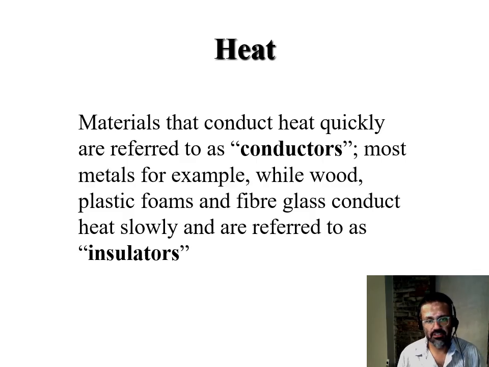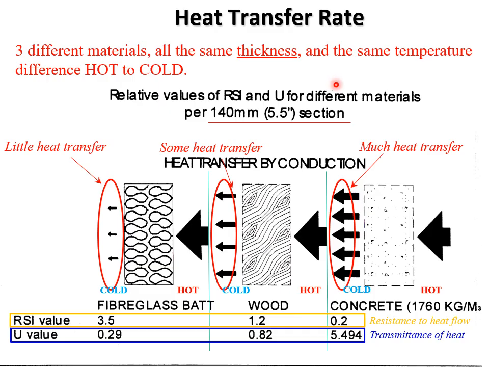So let's see how this works. In this example, we have three materials of the same thickness, with the same temperature on the hot side and cold side. The input is the same for all three.